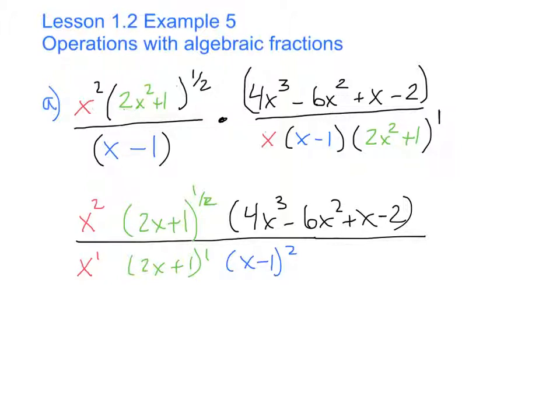So when we simplify this, the x squared over the x to the first, that's x to the positive 1, so that's going to stay in the numerator. The 2x plus 1 to the 1/2 over the 2x plus 1 to the first, when you subtract those, you end up with a negative 1/2. So that particular expression ends up in the denominator, and it's going to be raised to the 1/2 power.